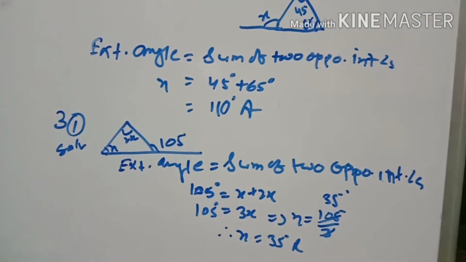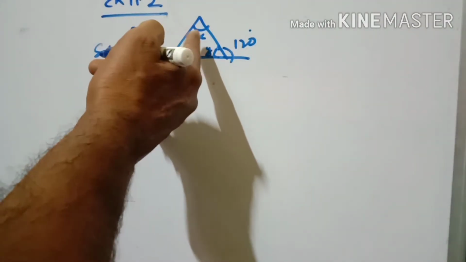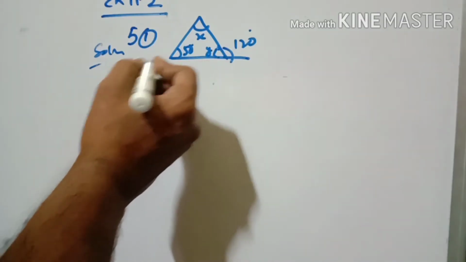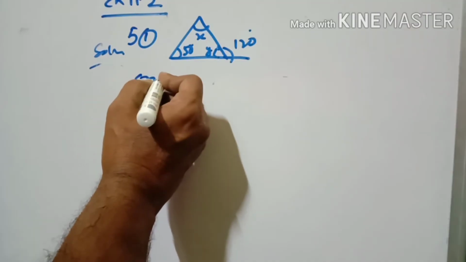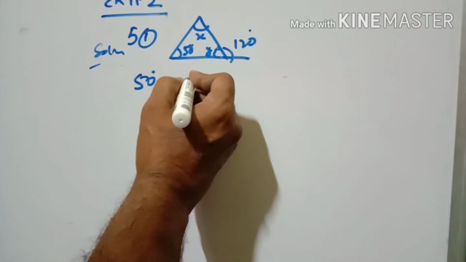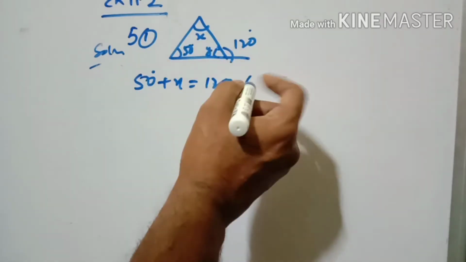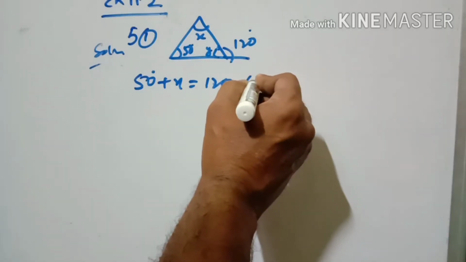Question number 5 first, we have to find out the value of x and y. Here three angles are given, interior angles are given and one exterior angle is given. As we know, write down 50 degree plus x equal to 120 degree.